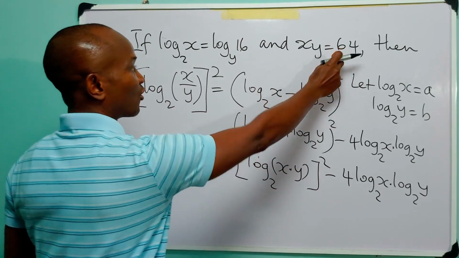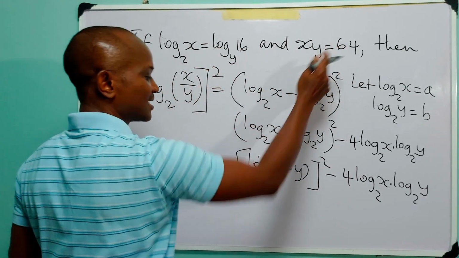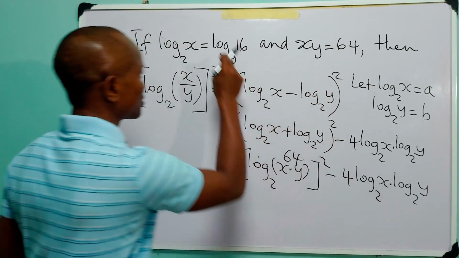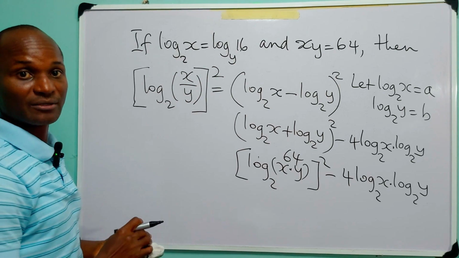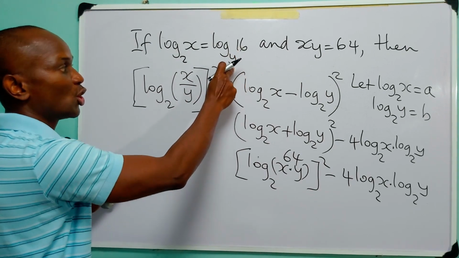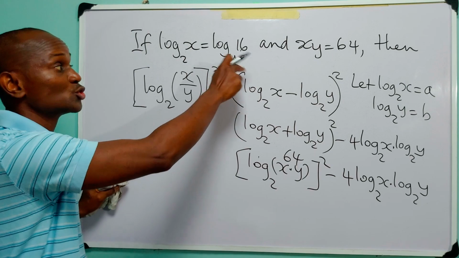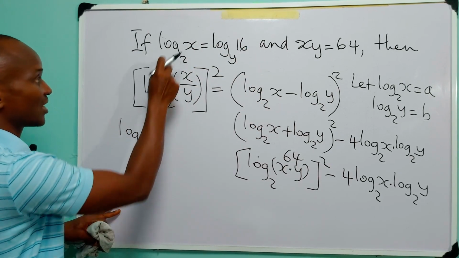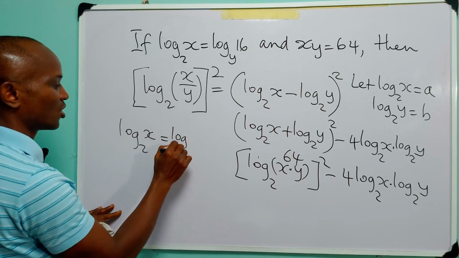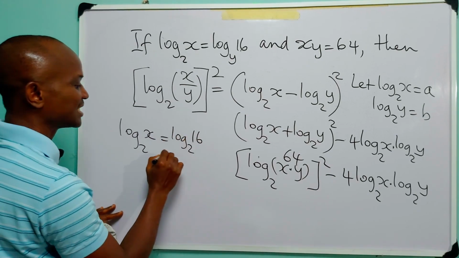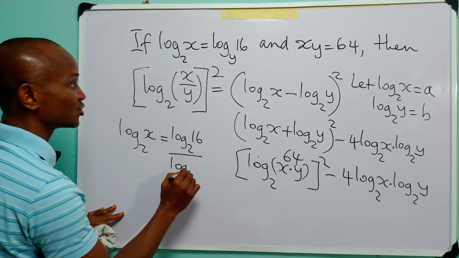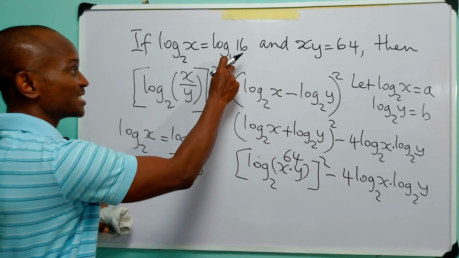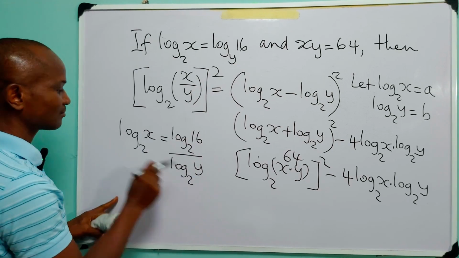Now we go over to the conditions that we were given. We can see that xy is equal to 64. And then let us look at the first condition we were given. If we change this log to base y to log to base 2, what we are going to have is that log to base 2 of x, that is this, is equal to log to base 2 of 16 divided by log to base 2 of y. That is change of base from base y to base 2.